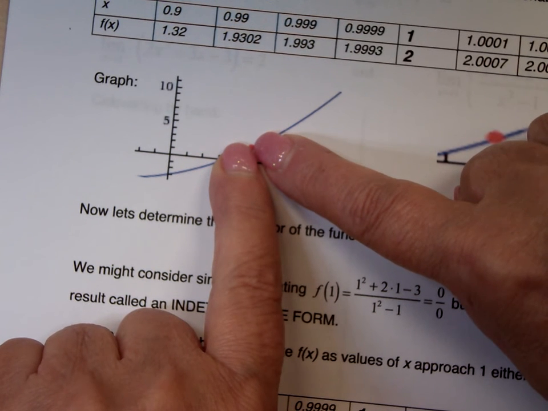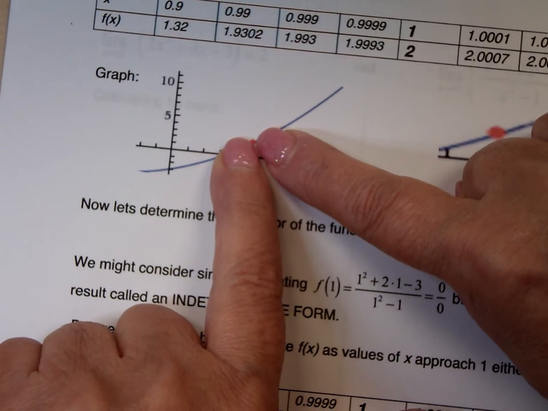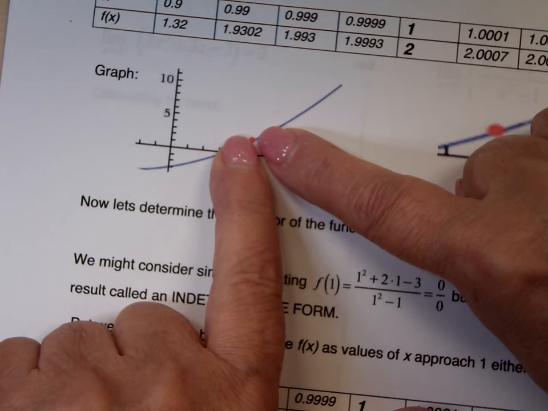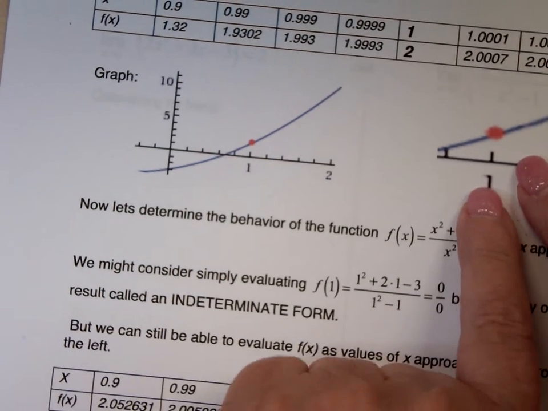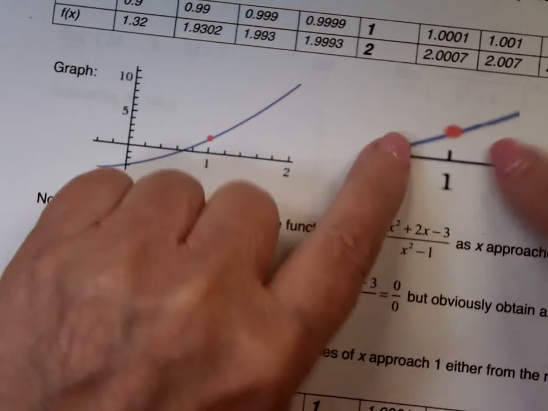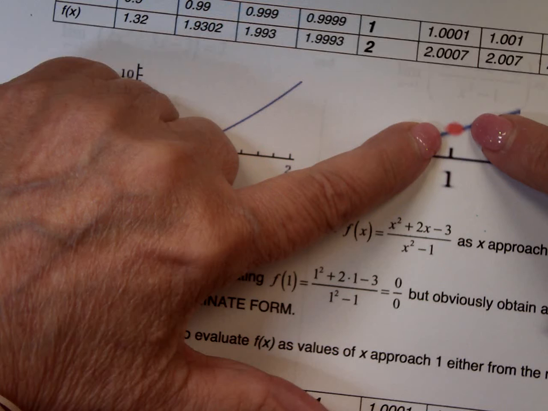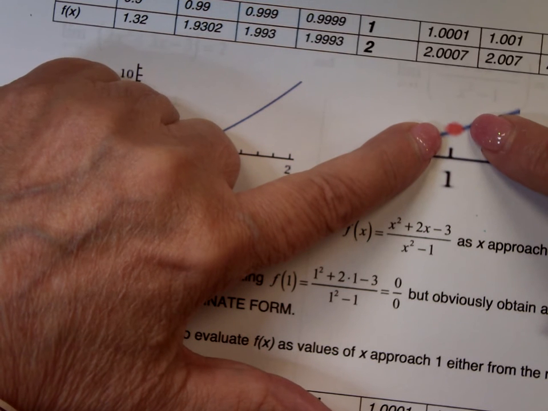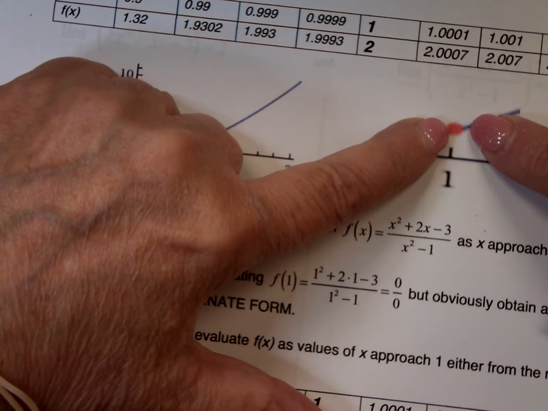So where do they meet, or appear to meet? Or where you think they're going to end up meeting because they're so close. I blew this up because all I'm interested in is being very, very, very close. Now if you take a look at the numbers, 1.9993 is very close to that dot.